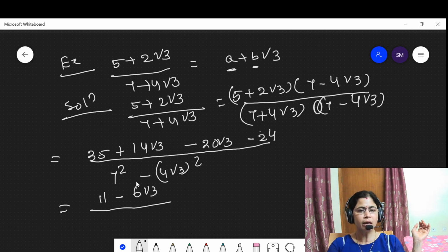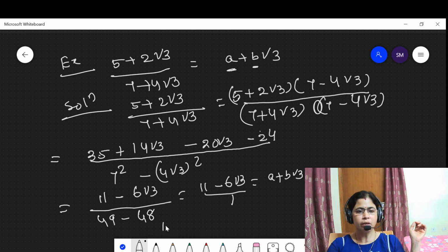Then the denominator is 7 square is 49 minus 4 square 16, root 3 square 3, 16 into 3, which is equal to 48. So this is 11 minus 6 root 3 upon 1, which is equal to a plus b root 3.